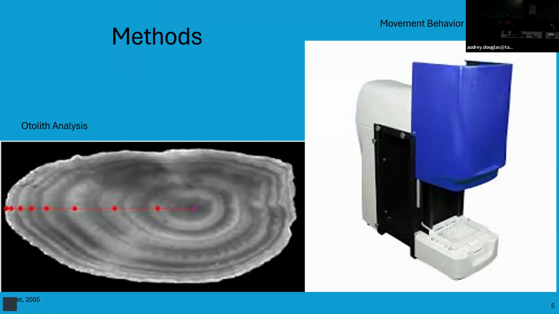And using wild specimens rather than lab specimens, we'll get that wild component and not be influenced by the characteristics of the lab environment. And then for the larvae, we're doing movement behavior analysis, tracking speed, direction, and angle to really see their behavior and compare it among species.